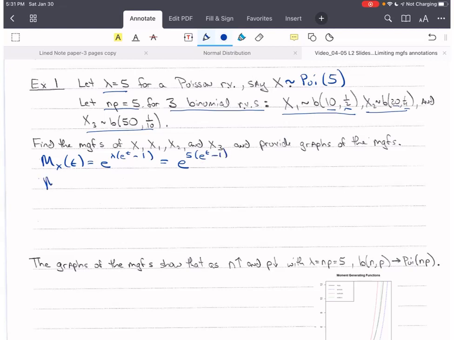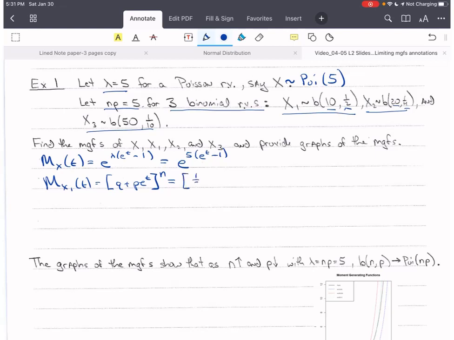Now we want the moment generating function for X1, and that's going to be (q plus p e to the t) to the n. Oops, a little glitch there on my iPad. And so we can plug in here. If p is 1/2, q is 1/2.